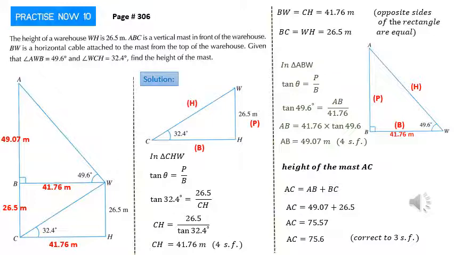Now we are going to find the height of the mast AC. In the main diagram, AC is equal to AB plus BC. The value of AB is 49.07 and the value of BC is 26.5. So the length of AC is 75.6, correct to 3 significant figures.